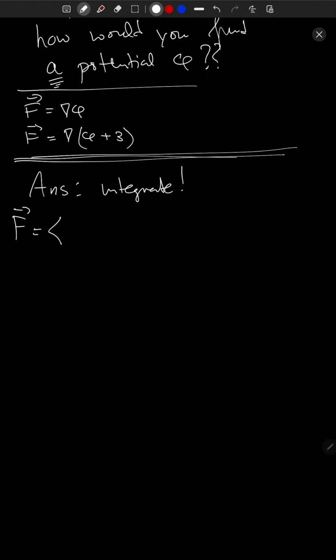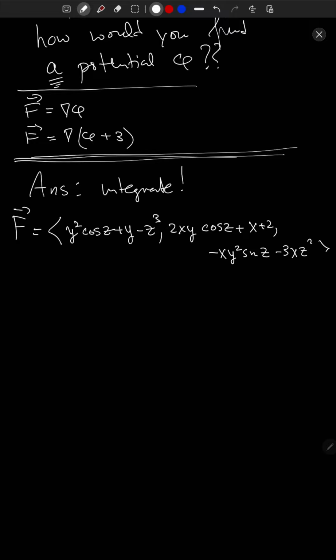Let's say we have a vector field F equals y squared cos z plus y minus z cubed, comma, 2xy cos z plus x plus 2, comma, and I'm going to put this one down here, minus xy squared sine z minus 3xz squared.